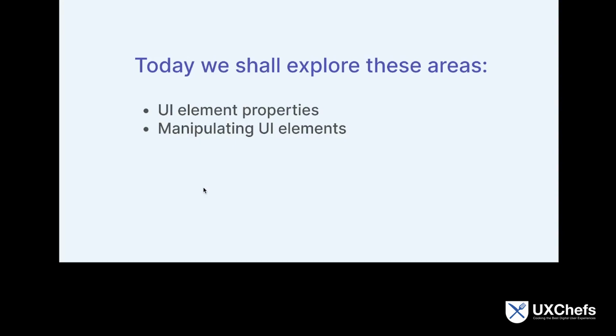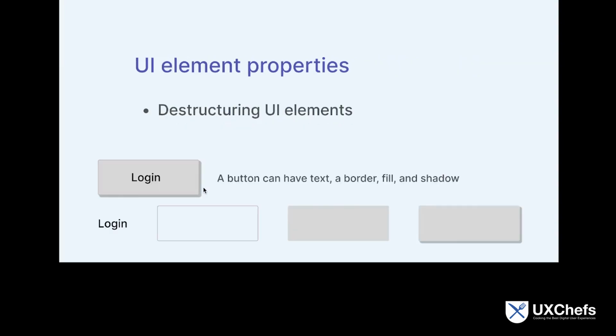So I realized that for you to actually get to know the underlying way of how design elements are implemented, CSS wise, HTML wise, you need to first and foremost destructure your UI elements.